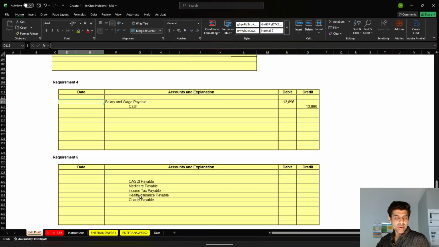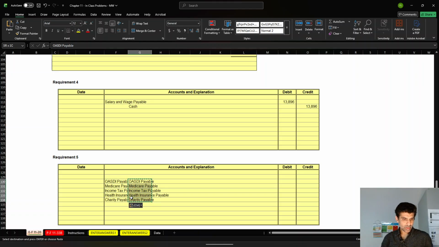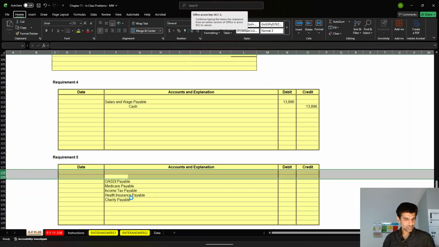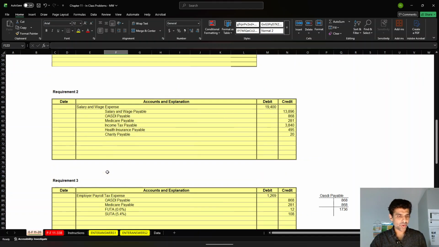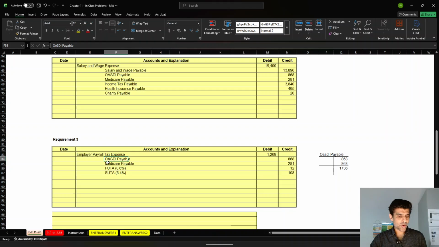Now, for paying off all these payables, oops, they're all going to be debits. What have I not included? So I have OSDI, Medicare, income tax, health insurance, charity. In this one, I have OSDI and Medicare, so I've already included those two.